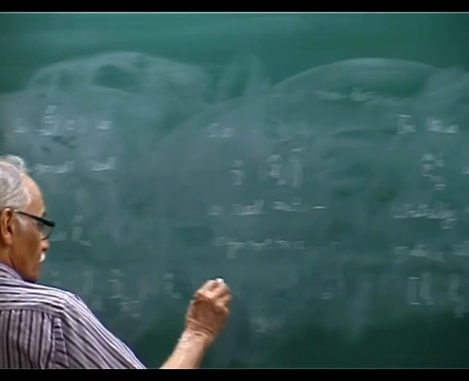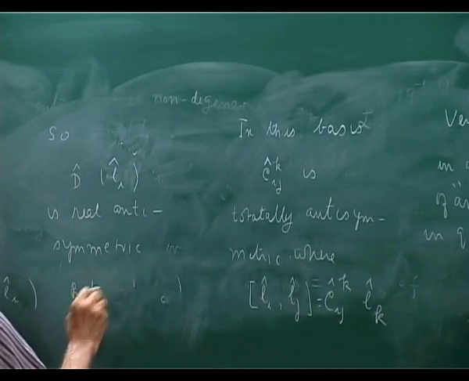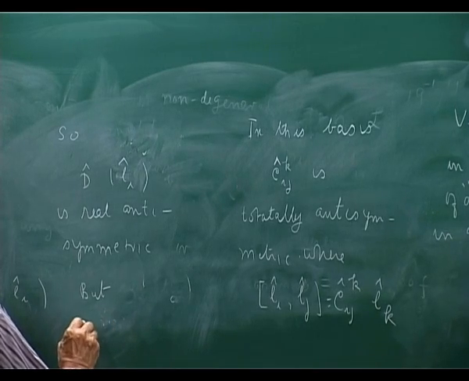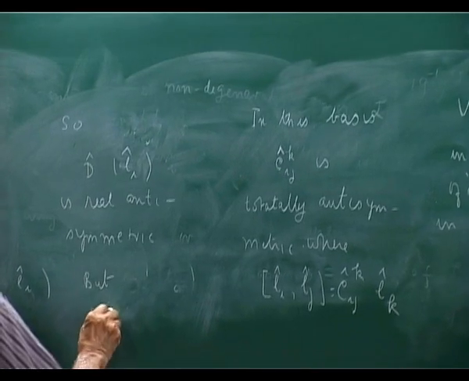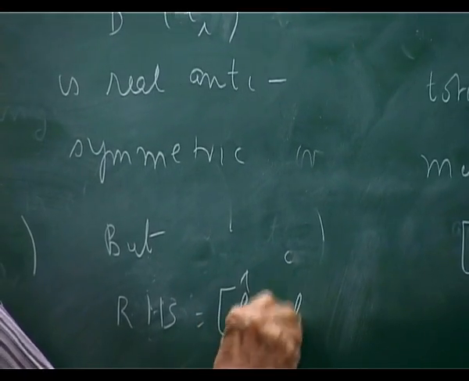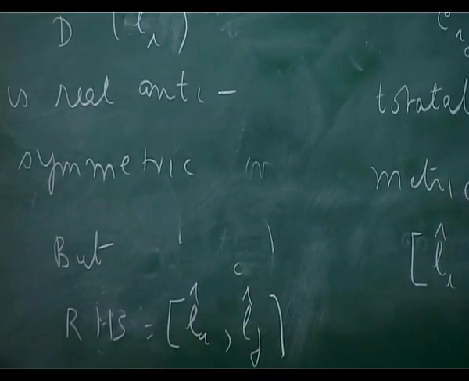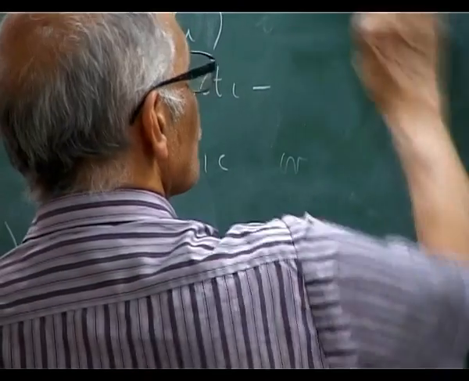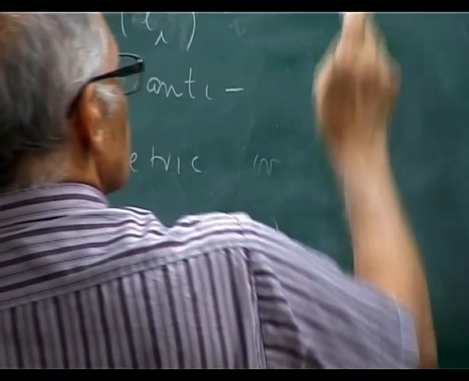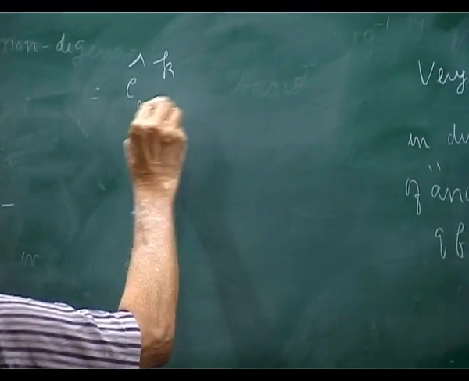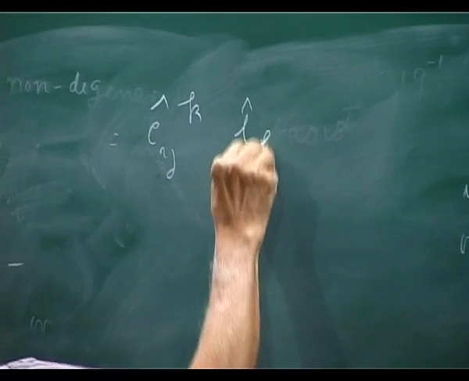But the right hand side is equal to L hat I, L hat j, which by definition let me call it C hat k I j L hat k, by definition.